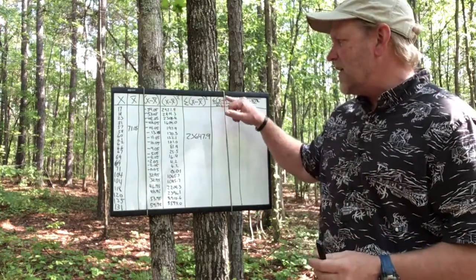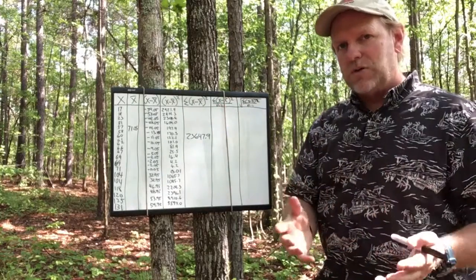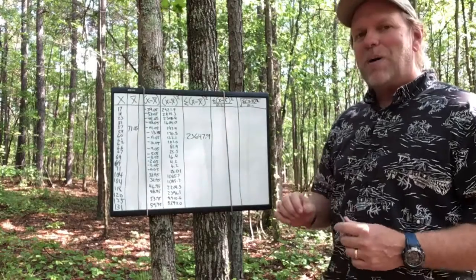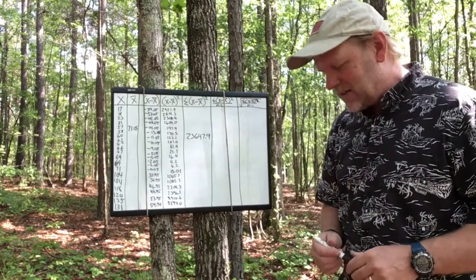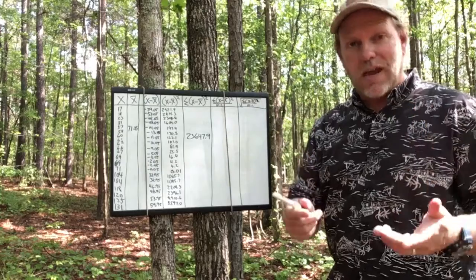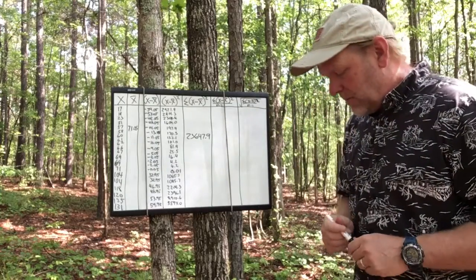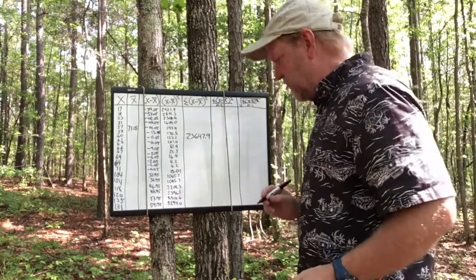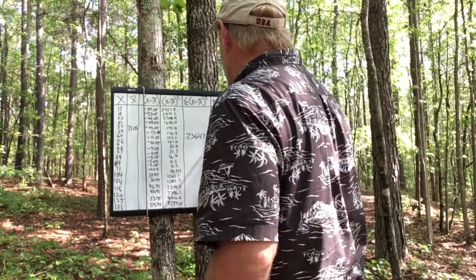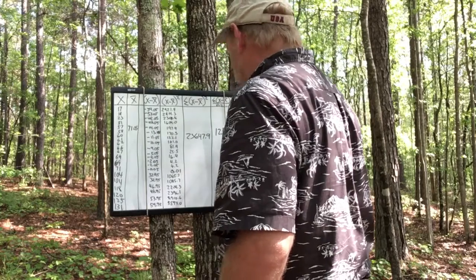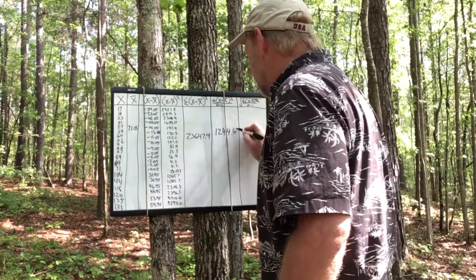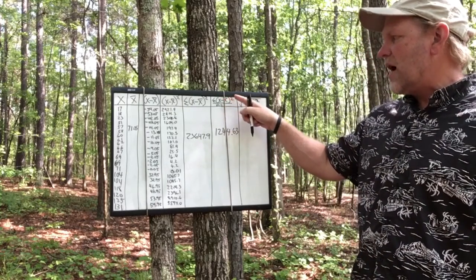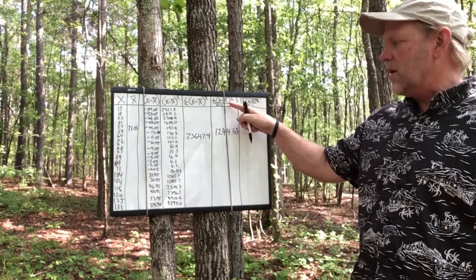Some people will divide their number by n. Most individuals divide it by n minus 1. So I have to divide this number by 19 since I have 20 data points. Dividing that by 19, I get the number 1,244.63. That is the sum of my x minus bar x squared divided by n minus 1.